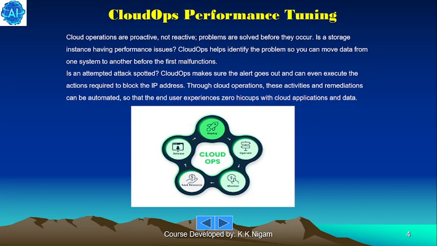Cloud operations are proactive, not reactive. Problems are solved before they occur. Is a storage instance having performance issues? CloudOps helps identify the problem so that you can move data from one system to another before the first malfunctions.